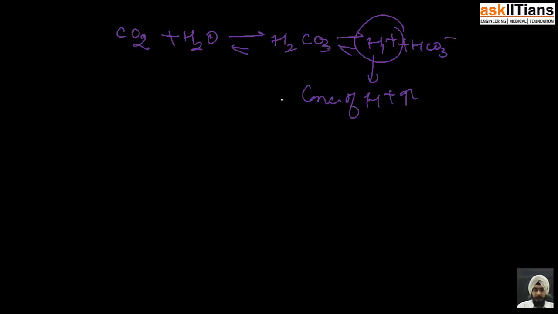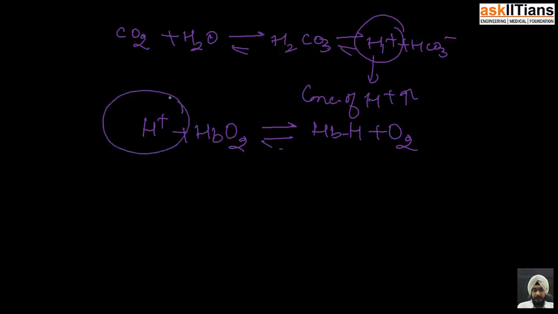When the concentration of H plus increases, this H plus then leads to the release of oxygen from hemoglobin. So basically it is mainly the pH change that leads to Bohr's effect.